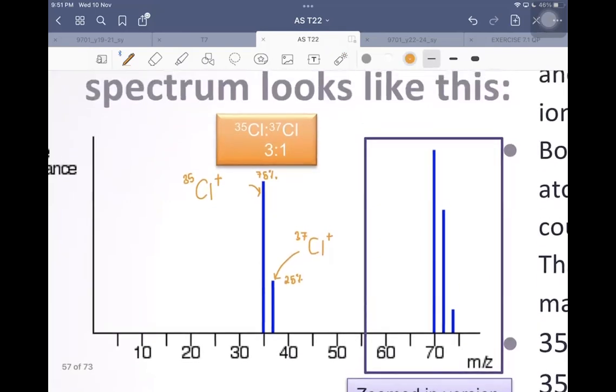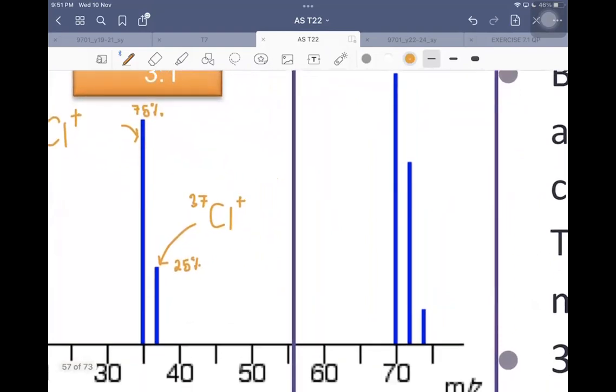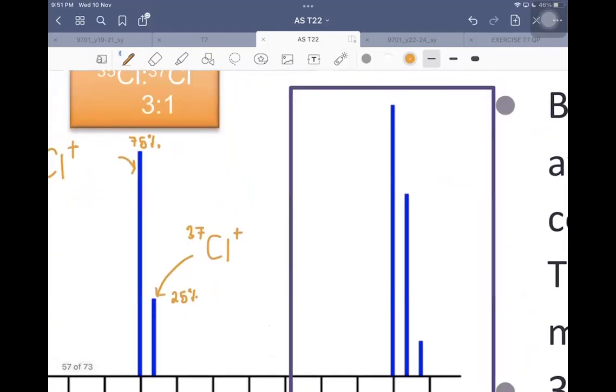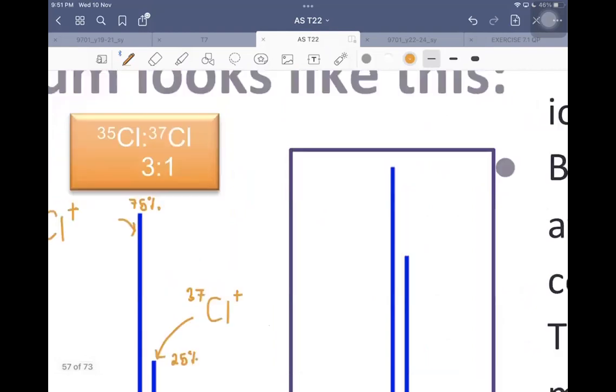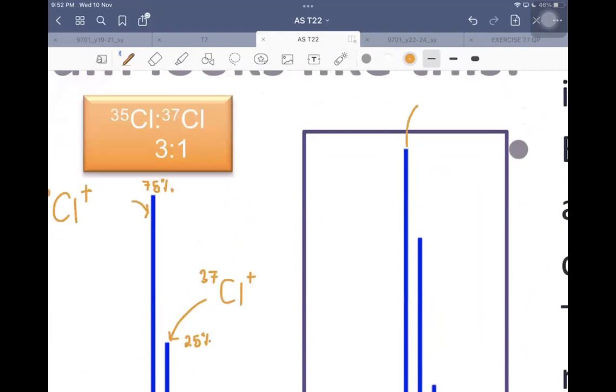Next, you see these three peaks at 70, 72, and 74. We start with 70, which is the molecular ion formed between chlorine 35 and chlorine 35. How do I know that? You add 35 plus 35, which is 70.